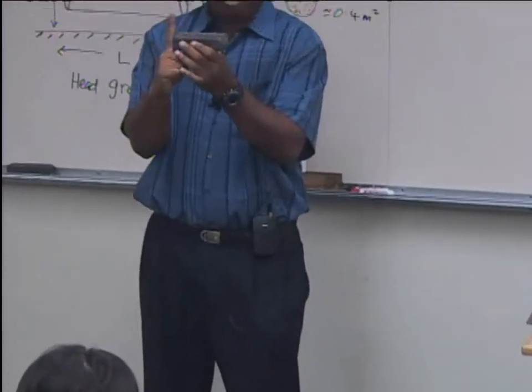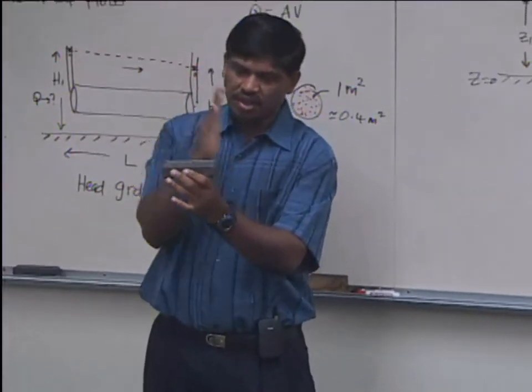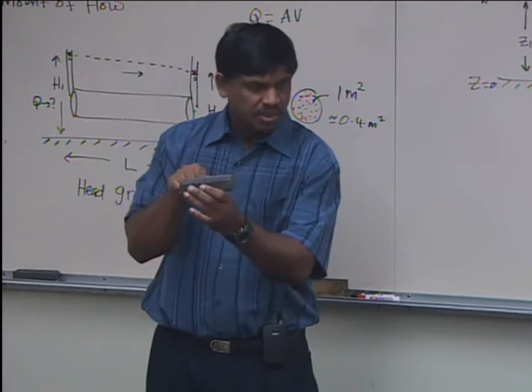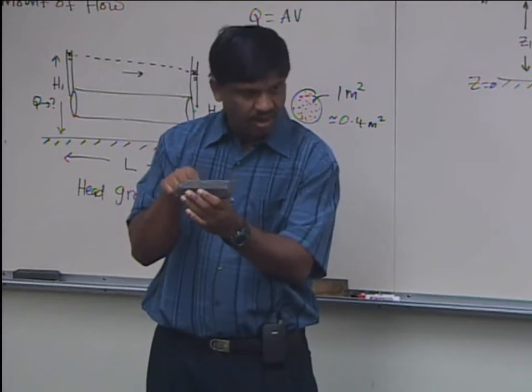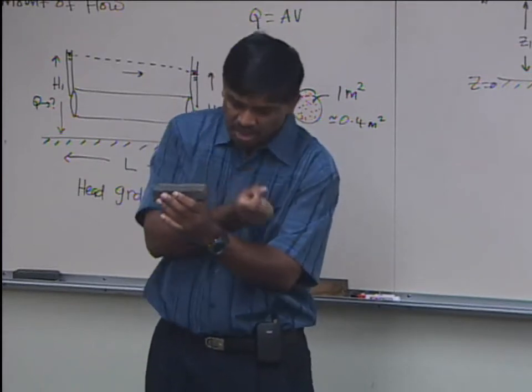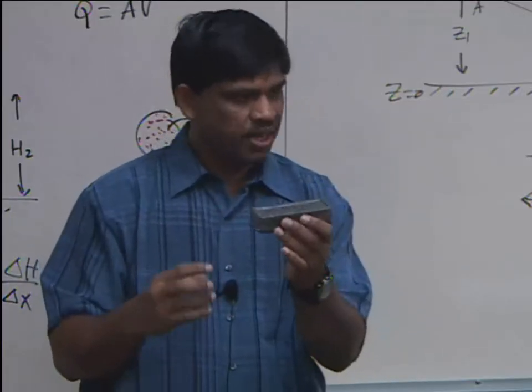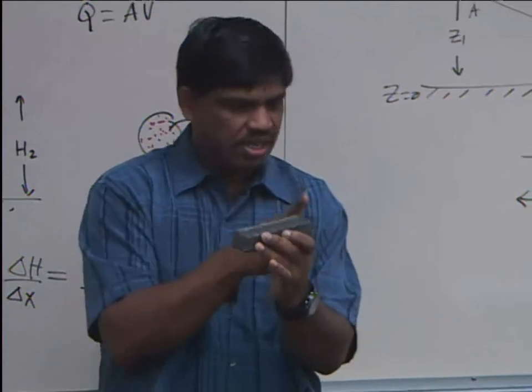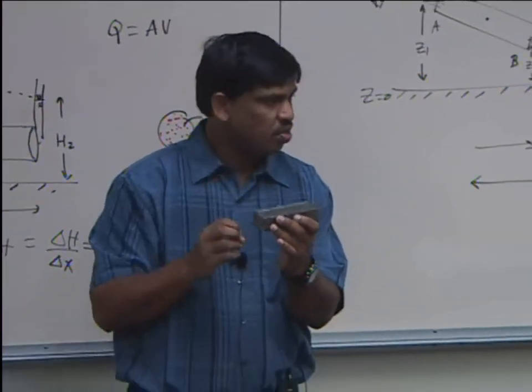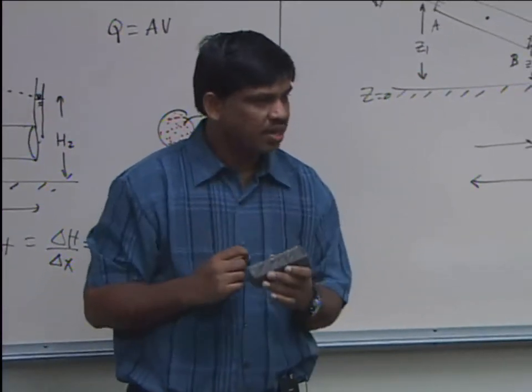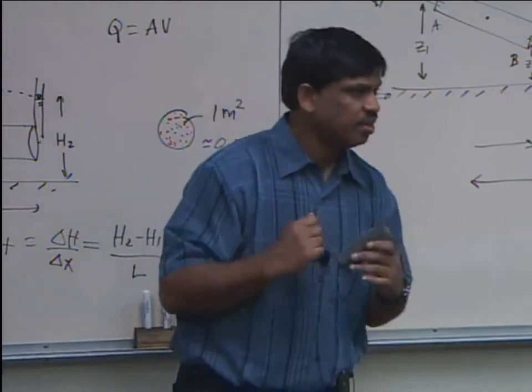I'm going to force a gradient. I'm going to keep the water level here, fill this column with clay, same height, and measure the flow rate. Then I'm going to empty this, pack it with sand, put the same gradient, and measure the flow rate. Which one will be higher, Q in clay or Q in sand?